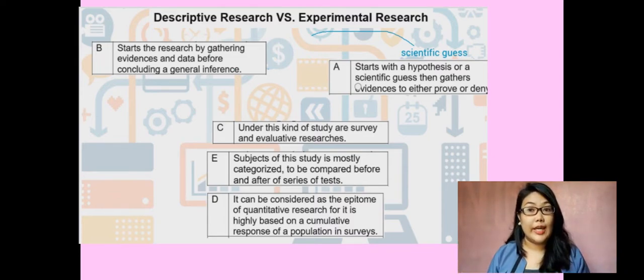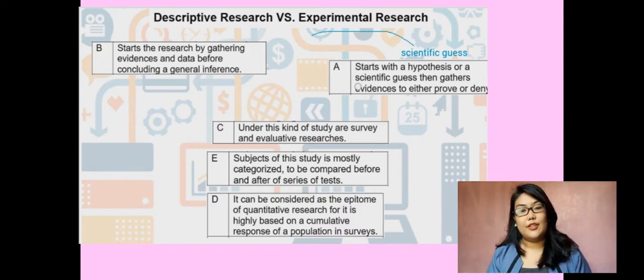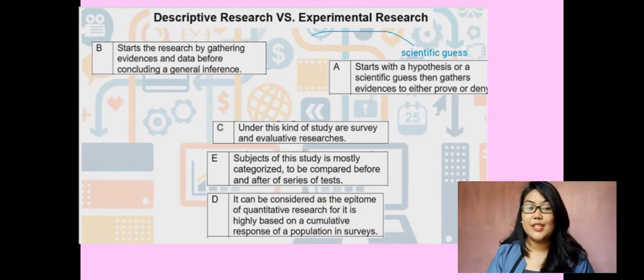Maybe a question. Yes, there is a question. Everything will start with a question. Okay. But there's no conclusion yet. The other one kasi nag-guess na. So dito hindi pa. Okay? So, yon, nag-gather muna siya. And then, at the end pa, mag-conclude. So there. Did you get their oppositions? Okay, good.